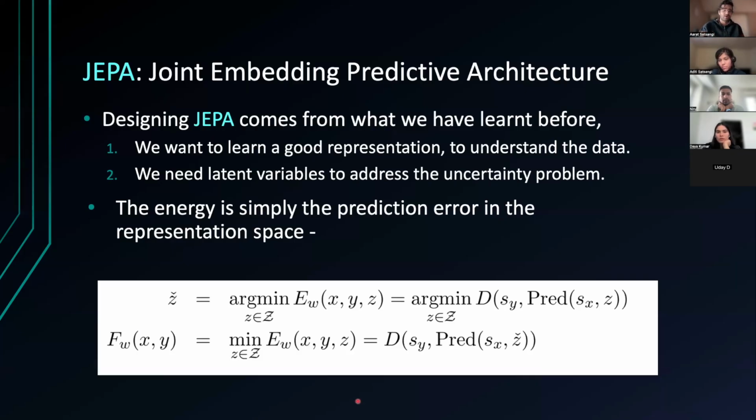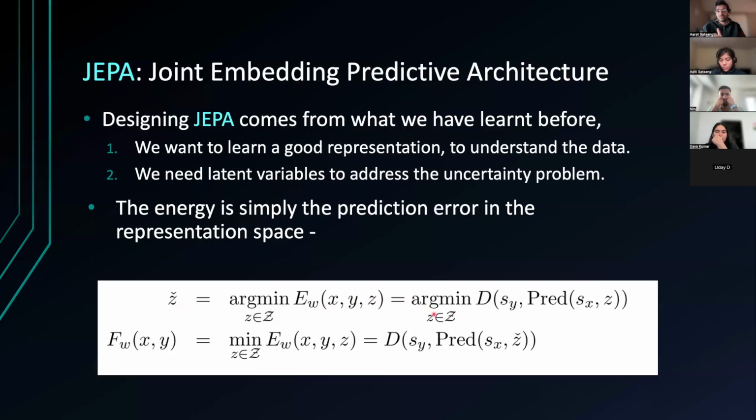So how you can see this is, the first part is to calculate the z. If you remember, the inference procedure is to first minimize over z. So to minimize z, you give the energy function x, y and z, and you minimize this energy function over z.